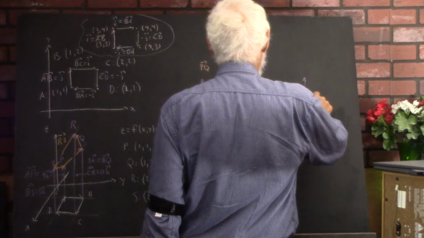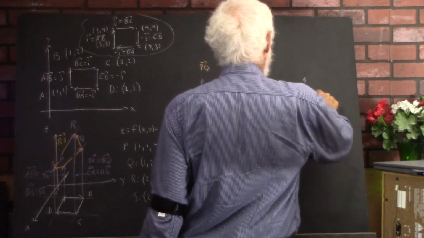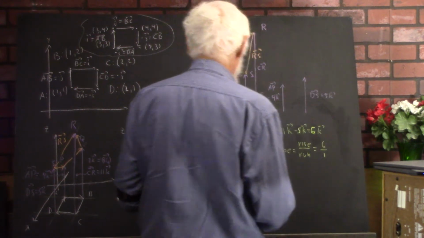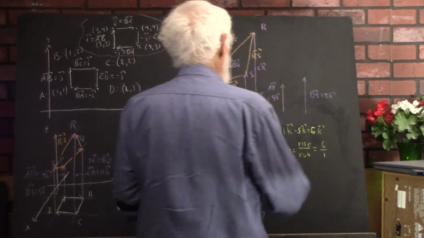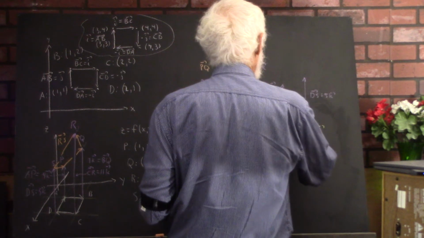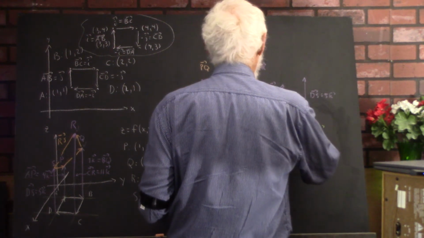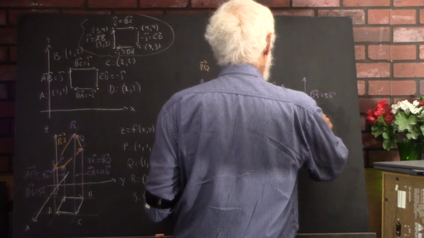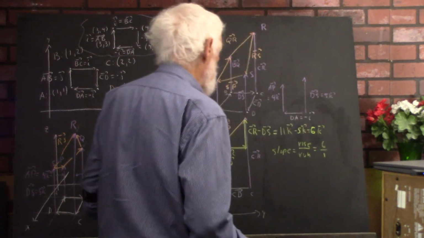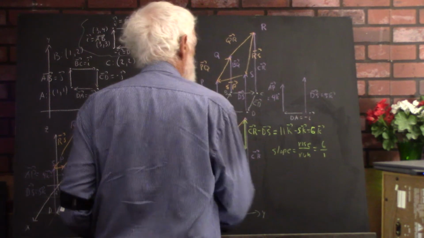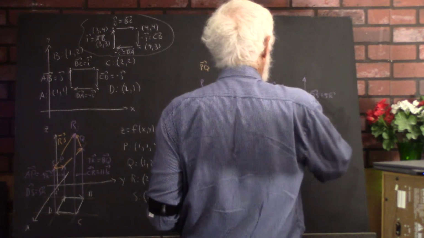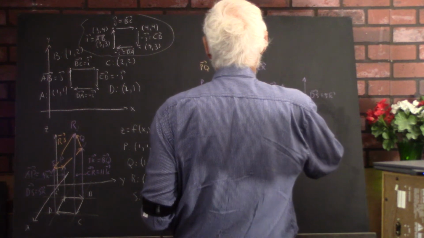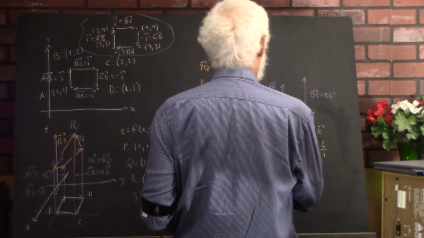And we have the ds vector, which is 5k. We have the dA vector, which is negative i. And then we have the SP vector, sorry.